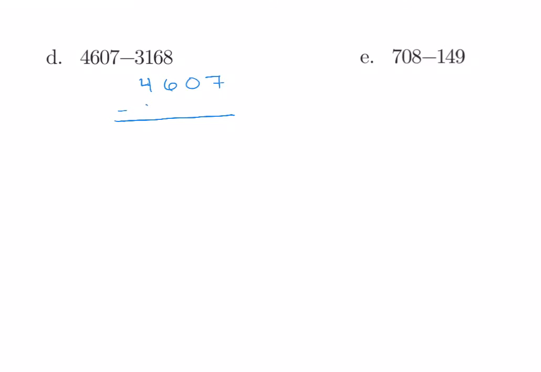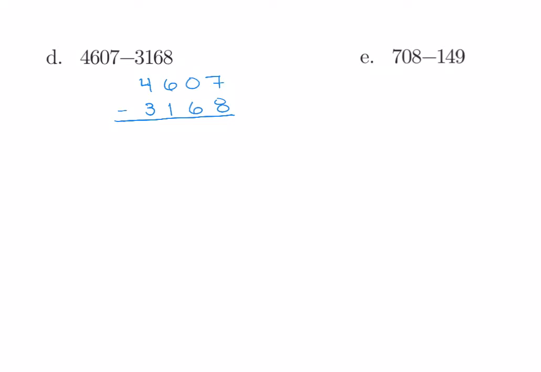I'm going to put my 4,607 on top, my 3,168 on the bottom. Now this next set of examples, these are going to involve extended borrowing. So we're going to see what that looks like.